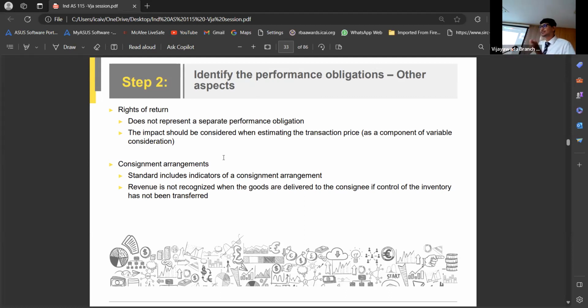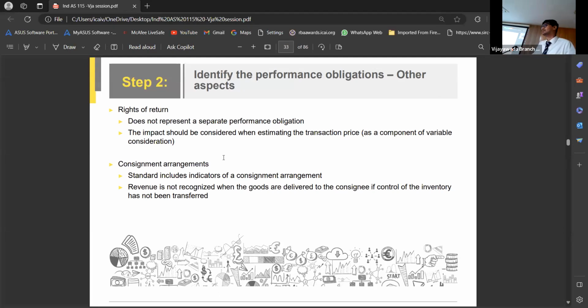We take the product, we use it for 1 week, and then we return. Okay. Don't worry, not just India, outside India also it is like that only. I know a lot of people do it in the US also. They buy a product, they don't even take the tag out. They use it for 1 week and they return it. There are people like that doing it in the US also. So right of return. Okay.